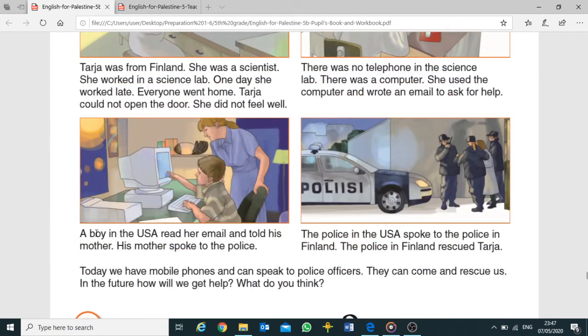A boy in the USA read her email and told his mother. His mother spoke to the police. The police in the USA spoke to the police in Finland. The police in Finland rescued Tarja. Today we have mobile phones and can speak to police officers. They can come and rescue us. In the future, how will we get help? What do you think?